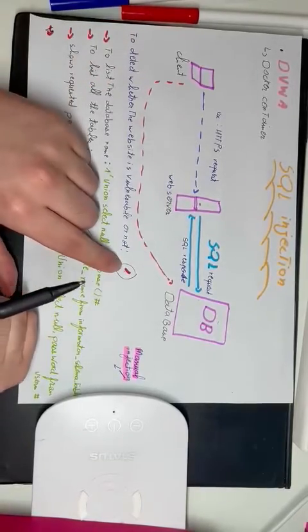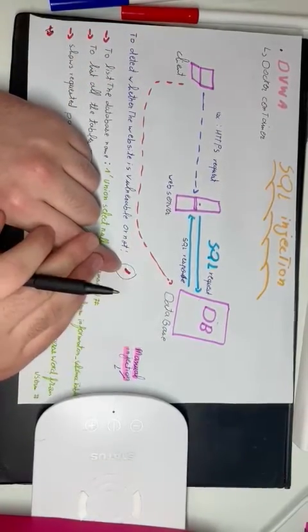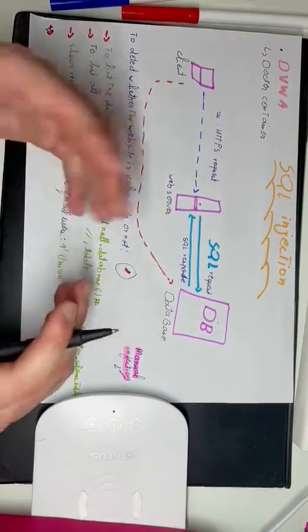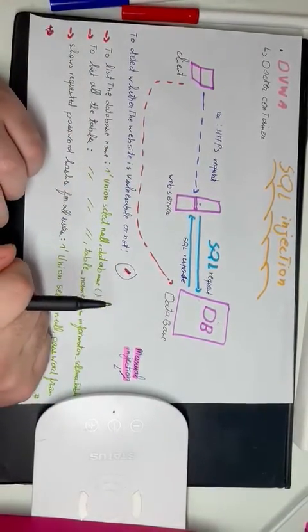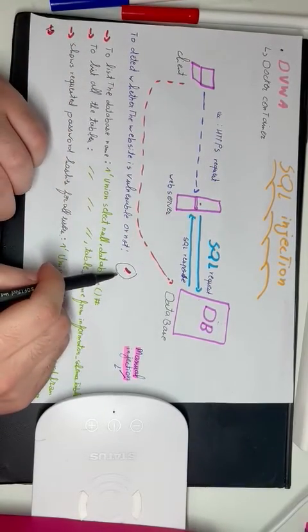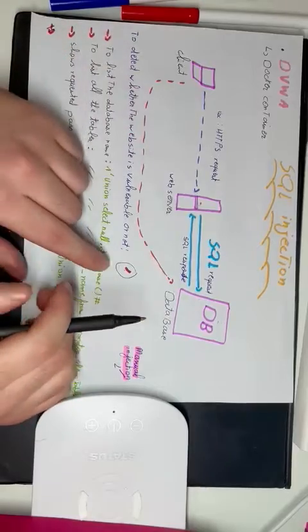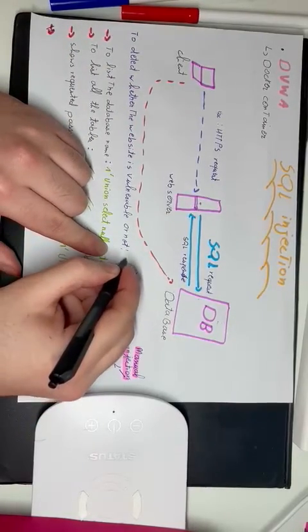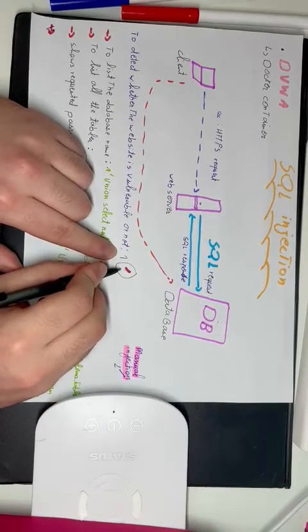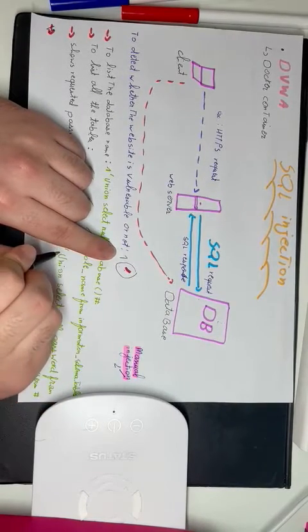So the attacker's first step would be trying to access any web server that is suspected to be vulnerable to SQL injection, and then in one of the boxes they write, for example, the number 1 or 2 or whatever, followed by the apostrophe.